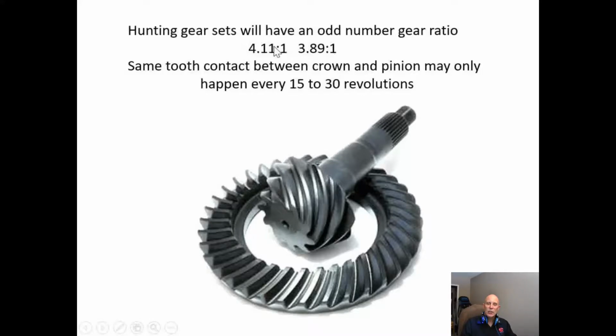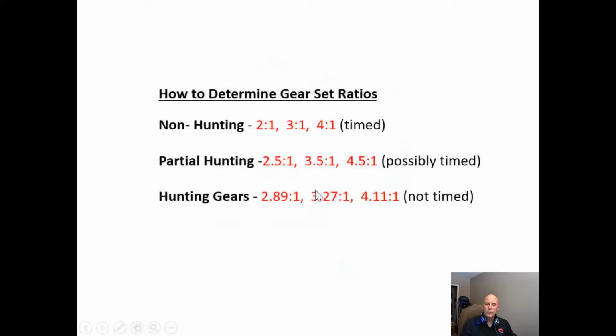So anything that has 2 decimal points after will be a hunting gear set. Hunting gear sets are better because we don't get the same contact every revolution. It may take 20, 30 revolutions before this tooth comes back in contact with this one. So we get more even wear of this type of gear set.